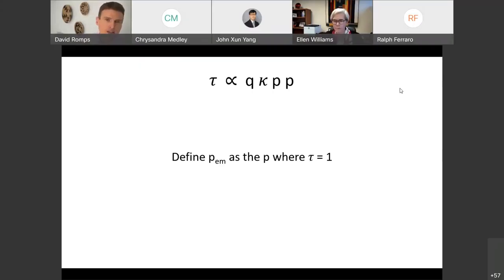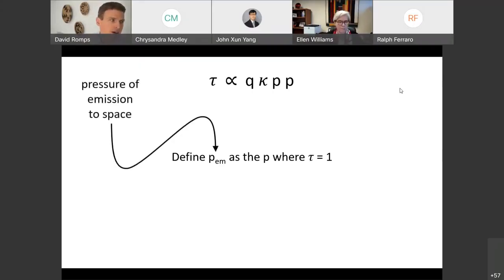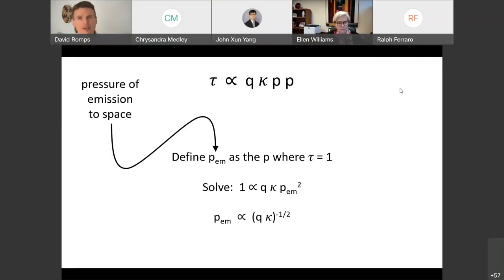Okay, if we do that, then we can solve for the emission pressure. So I just replace tau with 1 in that top equation. So now 1 is proportional to Q kappa emission pressure squared, or stated another way, Q times kappa times the square of the emission pressure is a constant. And this means that the emission pressure is proportional to Q, the concentration, times kappa, the absorption coefficient, to the minus 1/2 power.